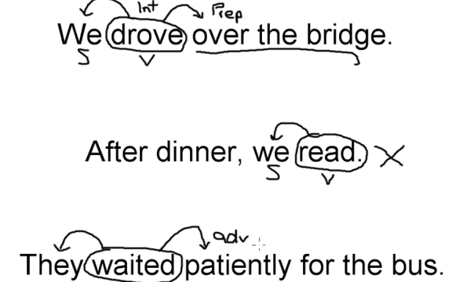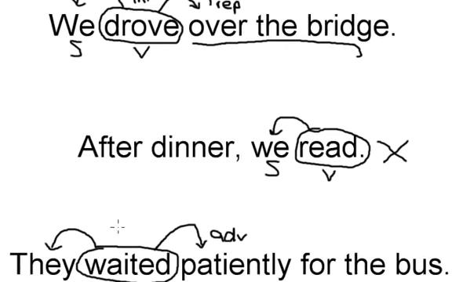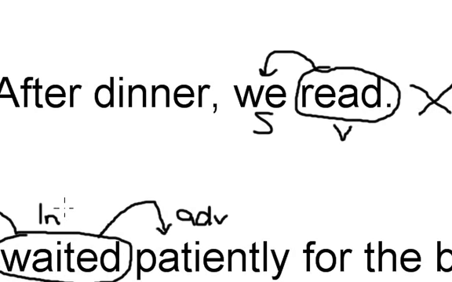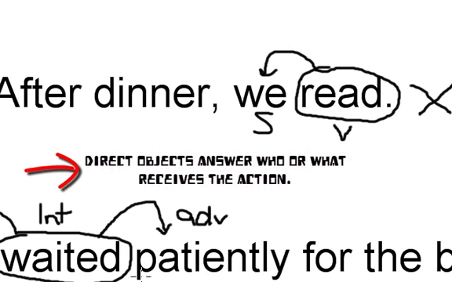They waited patiently. When the verb is followed by an adverb, just like up top when the verb is followed by a preposition, we know that this verb is intransitive. And intransitive verbs do not have objects. It just tells us where they waited and how they waited. They waited patiently. That's a how question.